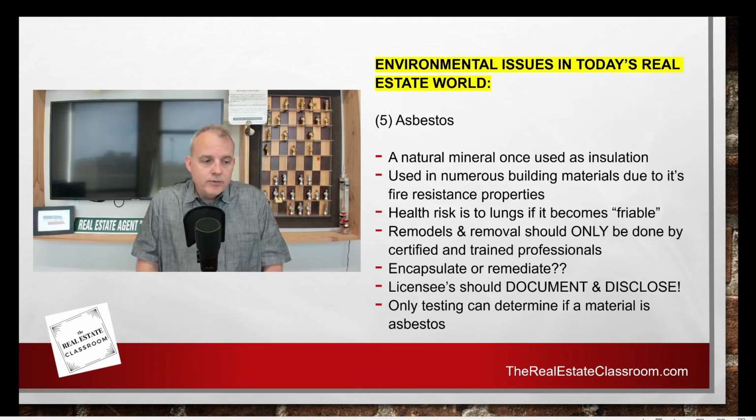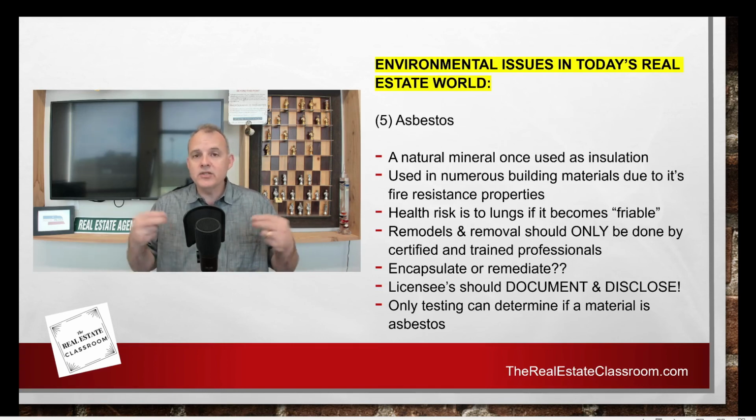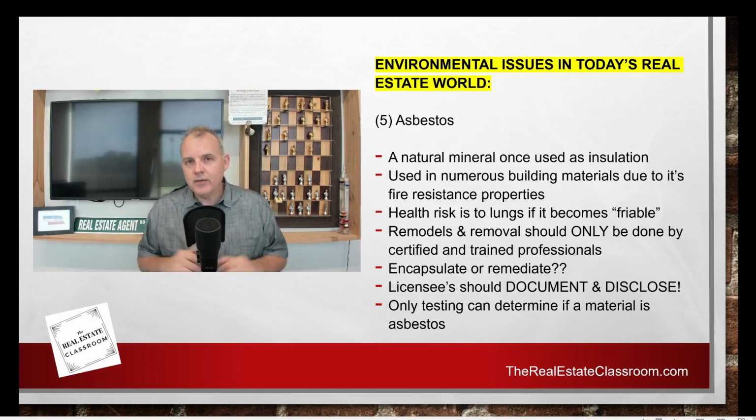You should only use a certified, properly trained contractor to come in and remove asbestos, because not only are they going to have to use certain types of protective equipment, there are also disposal regulations that the EPA has. So the asbestos needs to be disposed of in a certain way. It has to be packaged a certain way. It has to be labeled a certain way. And that's why we hire professional contractors that have been trained in that field to do it.